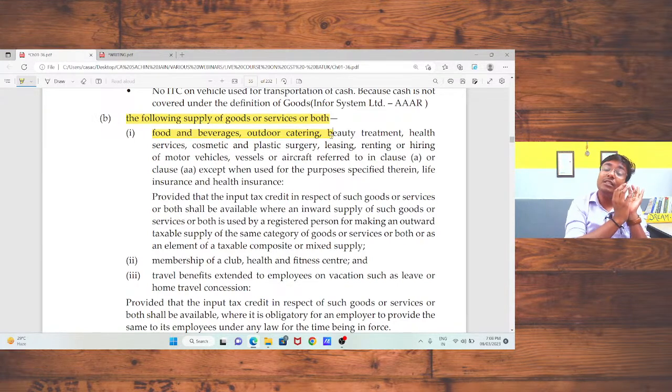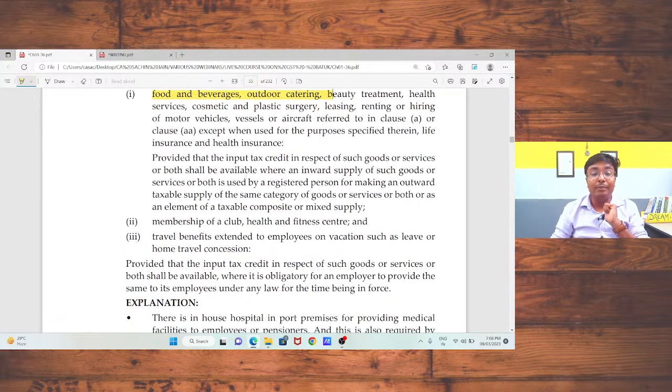But if someone is involved in selling beauty treatment products, in that case input is allowed. What is the meaning? Input tax credit shall be available where an inward supply of such goods or services or both is used by a registered person for making an outward taxable supply. In that case input is allowed.